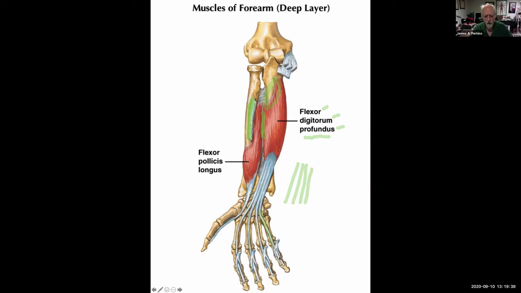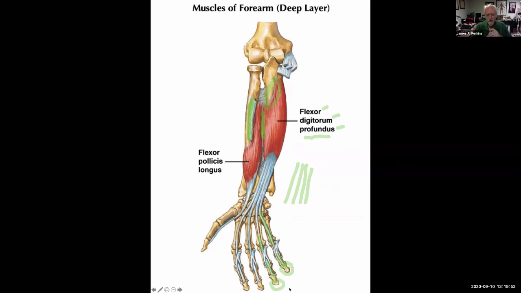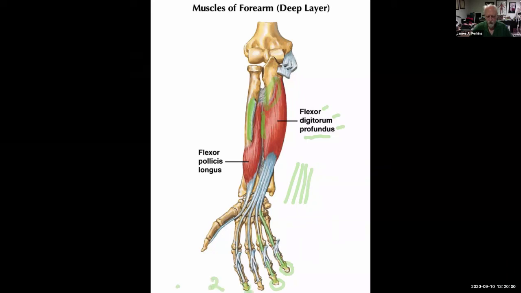It passes under this little Y thing, goes right through the middle of the Y, all the way out here to the distal phalanx. And that's going to be true of all of these. All 4 tendons of flexor digitorum profundus insert on the distal phalanx of digits 2, 3, 4, and 5. This is another muscle that's going to be responsible for flexing some of those joints of the digits.